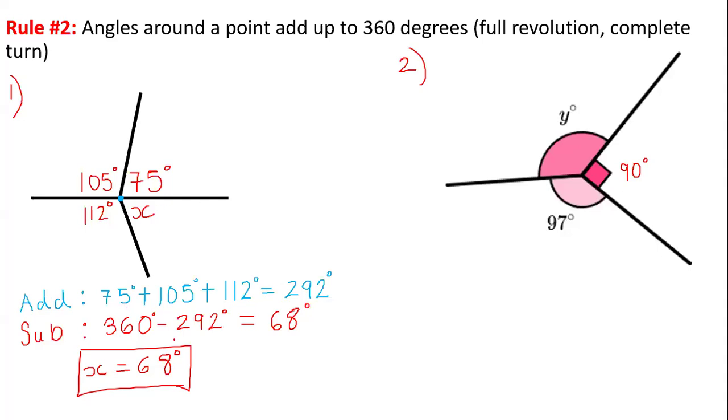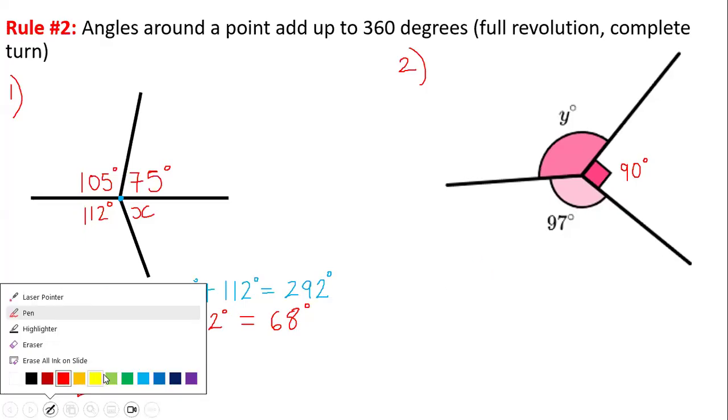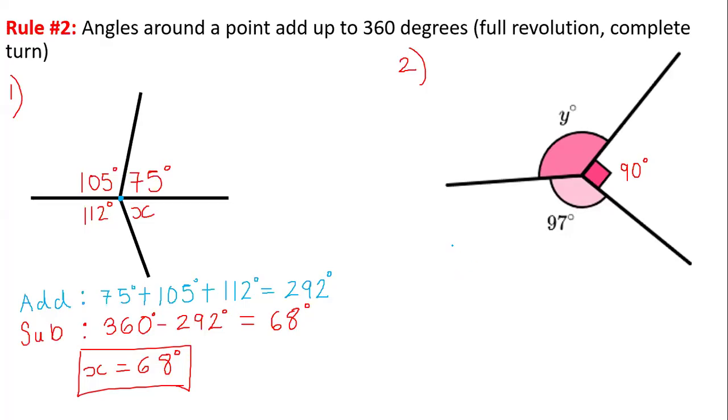So 90 degrees plus 97 degrees is equal to what?